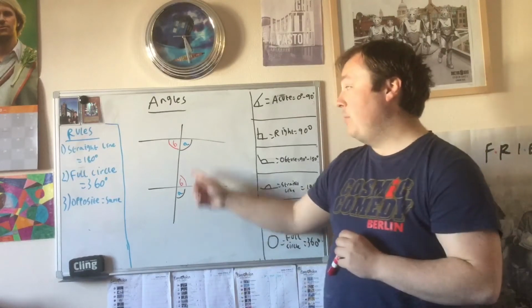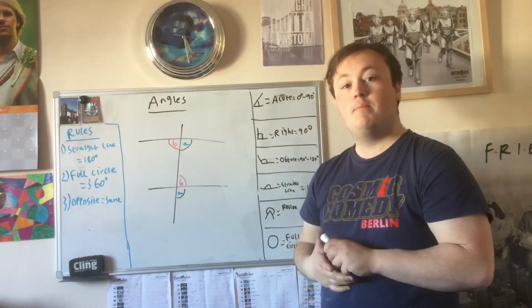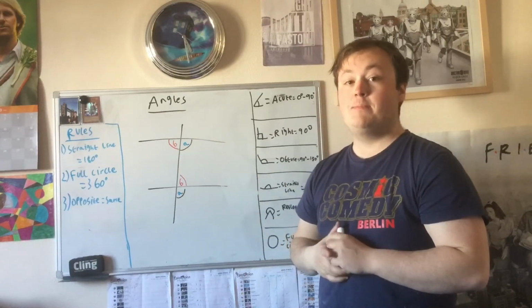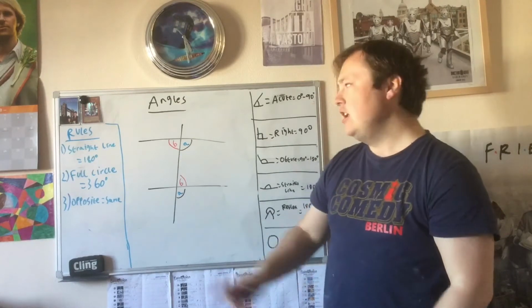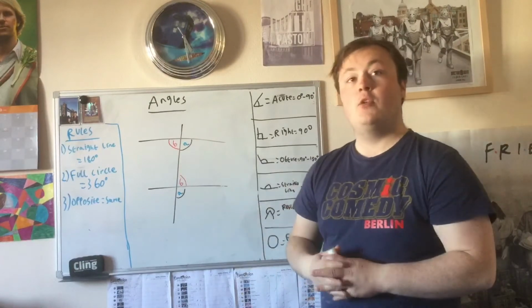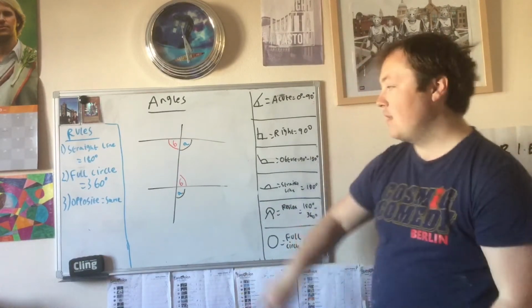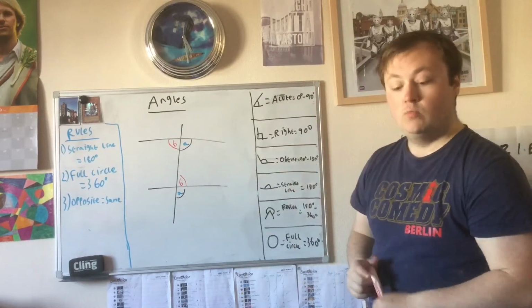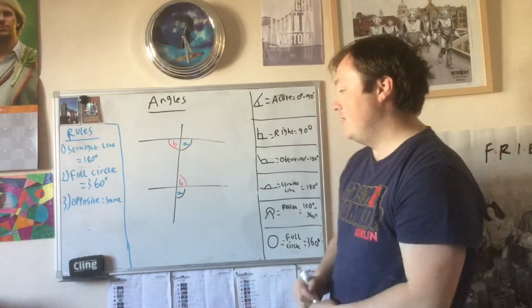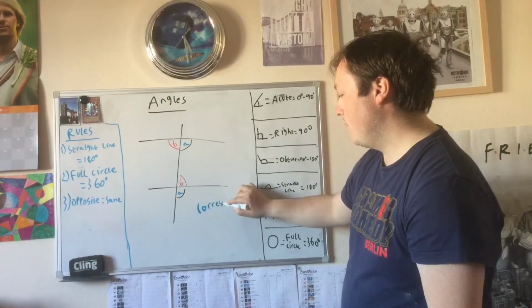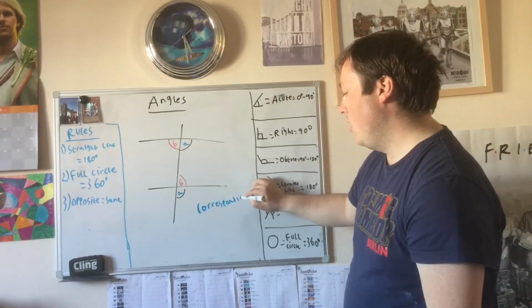So corresponding angles will always be equal. Alternate angles will always be equal. And do you notice that A and B, when put together, they're on a straight line and they make 180 degrees? These two angles will make 180 degrees. So, corresponding are equal.